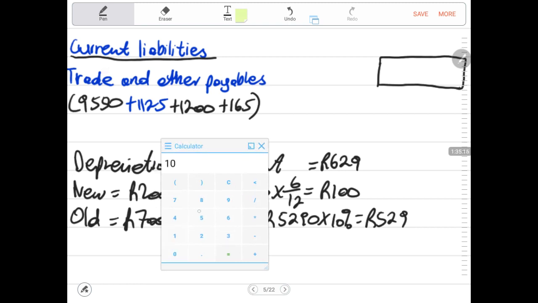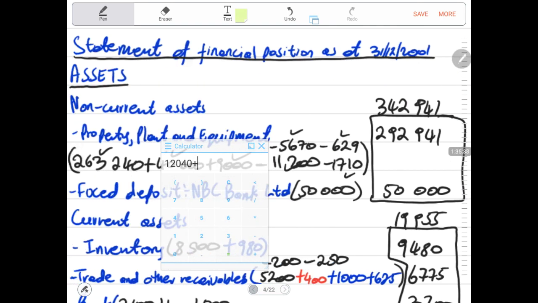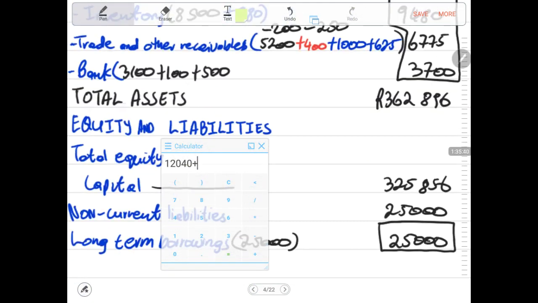Which is 10,840 plus 1,200, 12,040. 12,040 plus 25,000 plus 325,856.